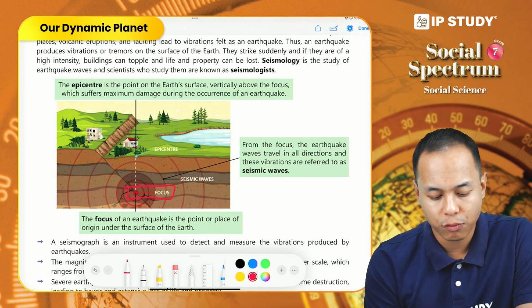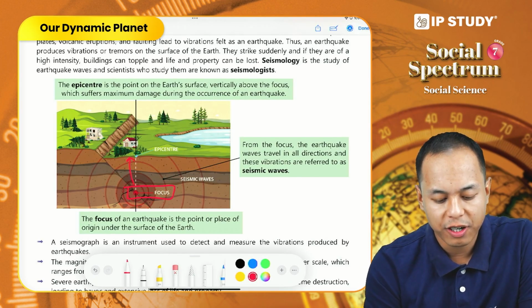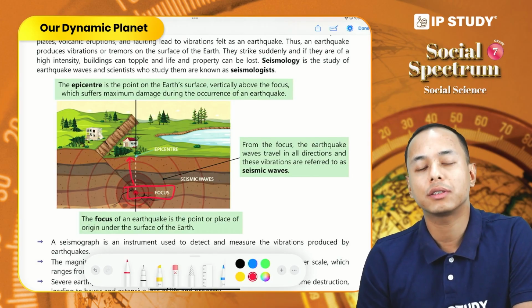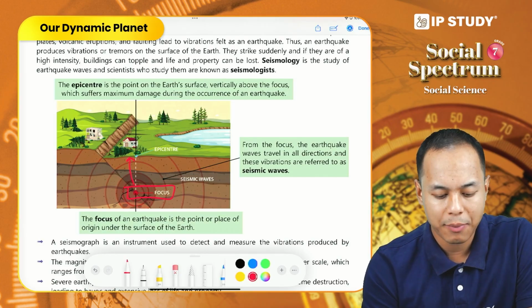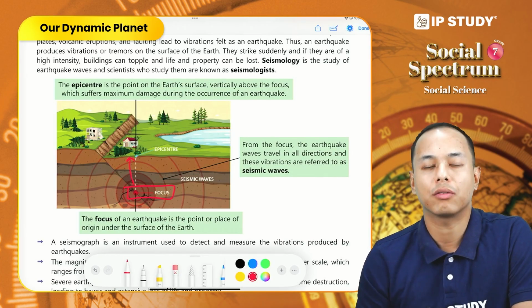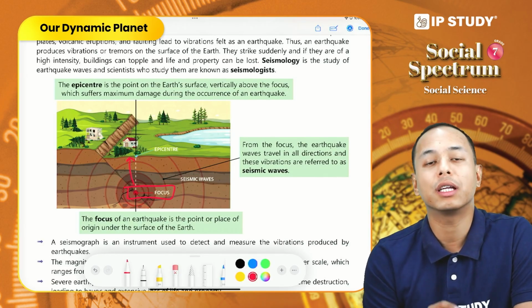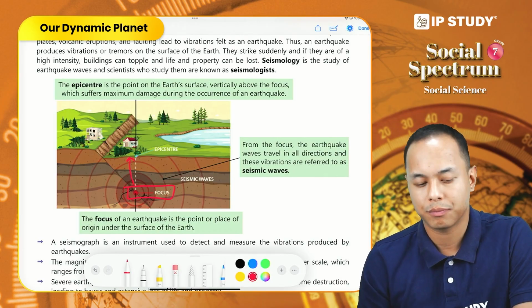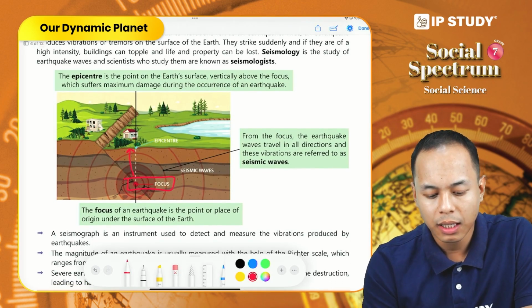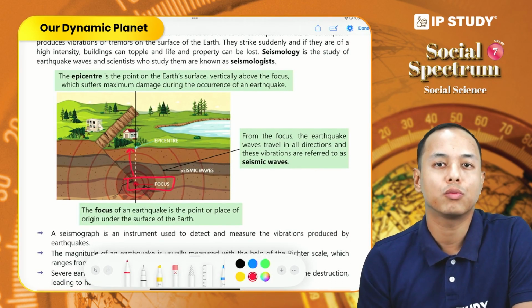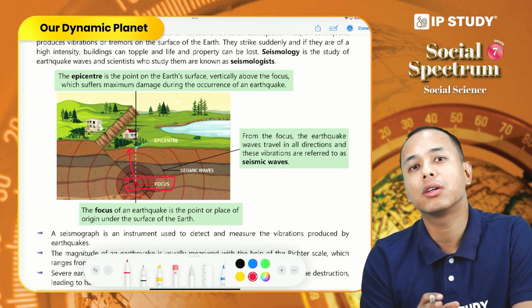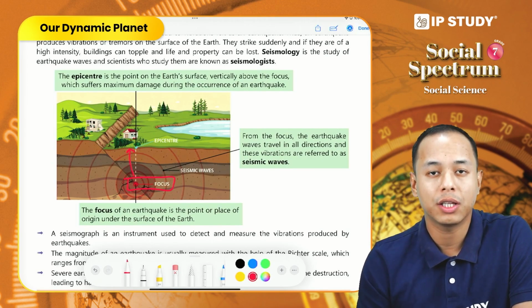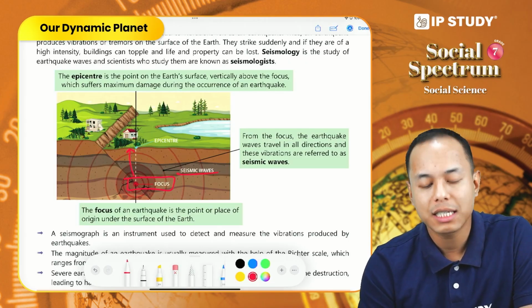This is the focus, and vertically above the focus on the surface of the earth is the epicenter, and it is the most damaged region of the earthquake because it is vertically above the focus. And these are seismic waves. Once the earthquake or vibration originates, it spreads in every direction in the form of waves. So these are seismic waves.